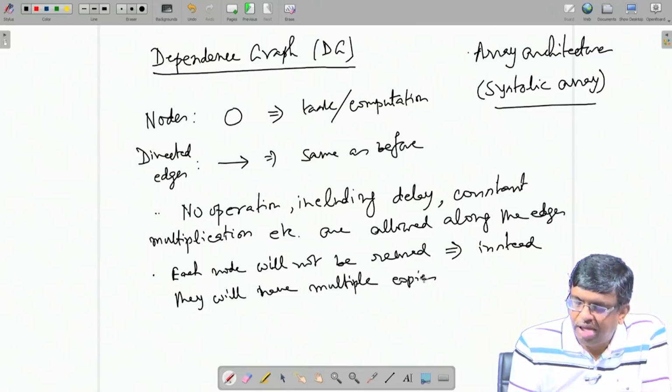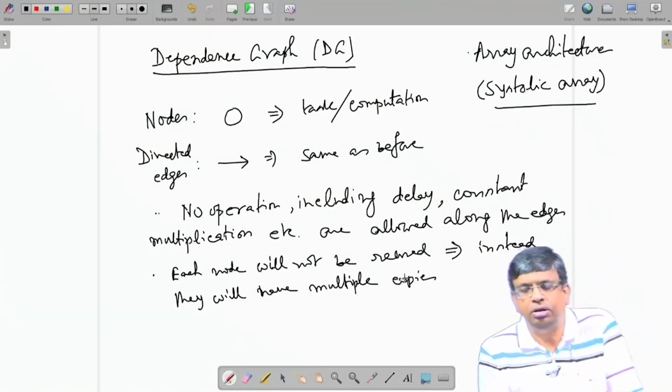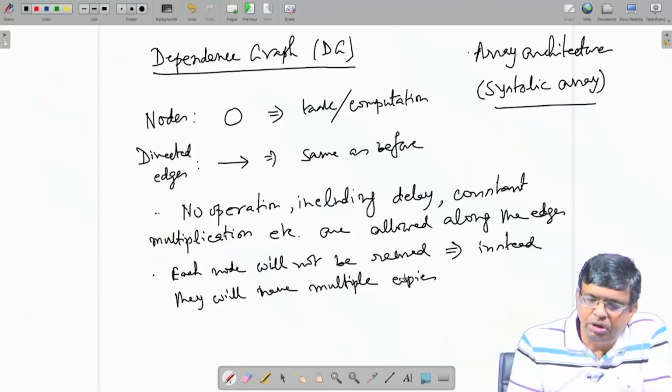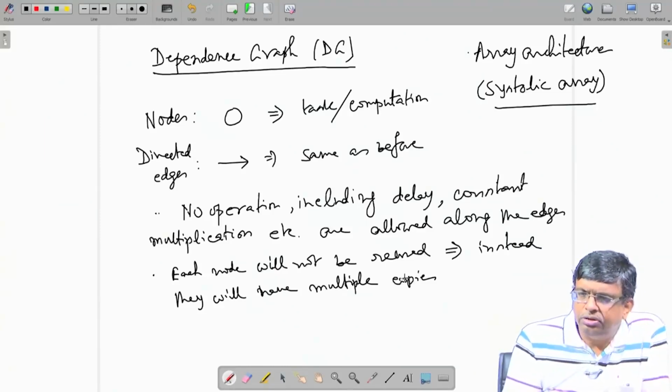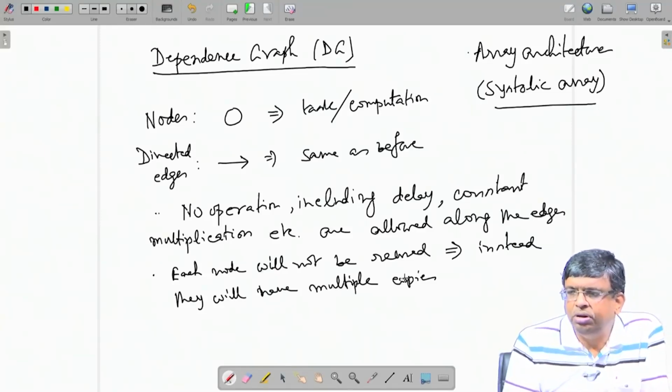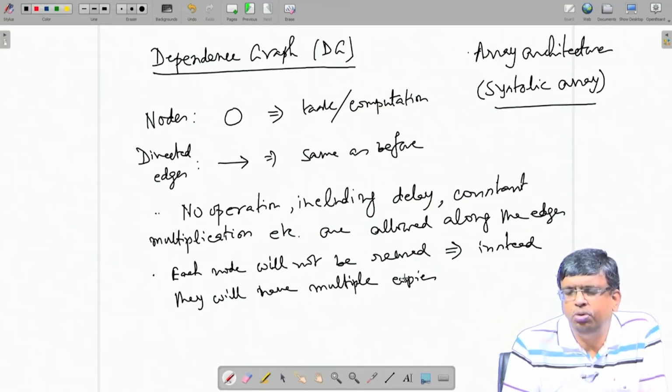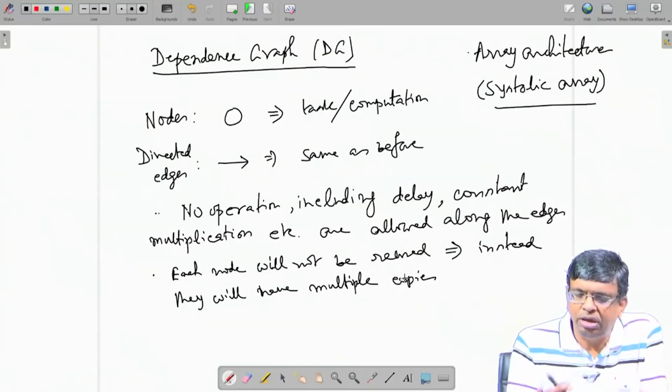Let me explain. Actually, the dependence graph is the trickiest of the three. It requires proper understanding. In the case of, say, SFG or DFG, consider a particular node. The node was taking some data in the nth cycle, the current cycle, producing something. Then again in the next cycle, it is taking another data, producing another thing by the same operations, and so on and so forth. So, iteration after iteration, or clock after clock, the same drawing, the same node was working again.